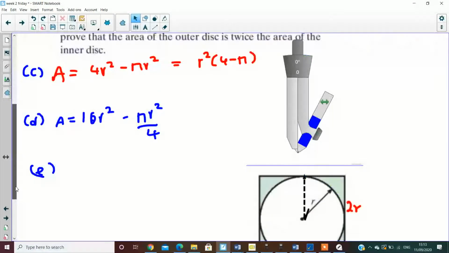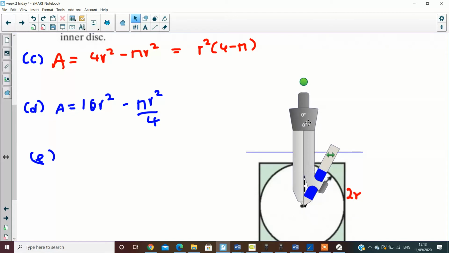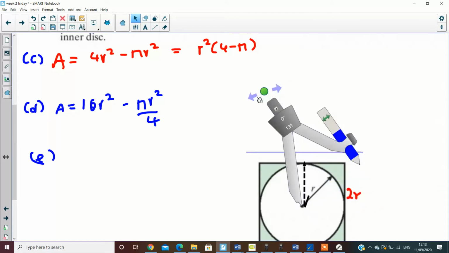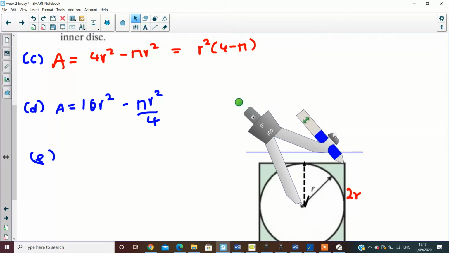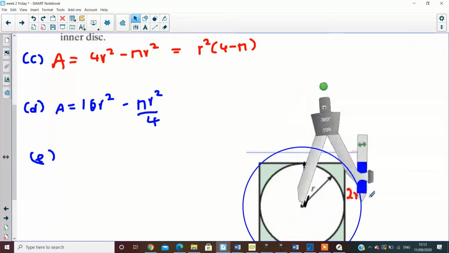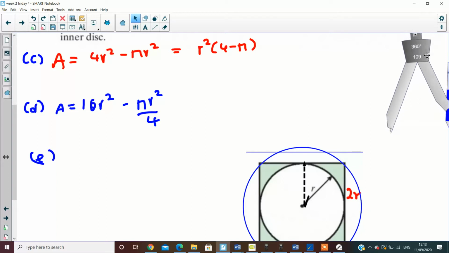So you could do it like this, really quickly. You just grab that, and you bring it to one of the corners, like so. Bam, like so. Is that all right? And then once you have that done, you just whip the circle around, and that is circumscribed right there.